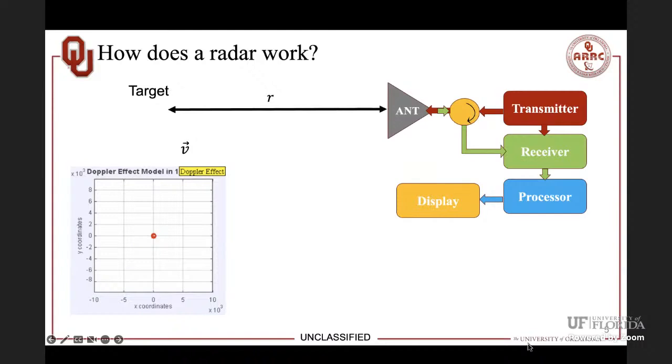Then it rotates around, like you saw this morning, and at the same time records the location the energy is going to and coming back from. So when you look at your data and say, here's an echo, here's an echo, you know the location. In order to determine location, you typically need a very narrow beam, and the antenna does that. You concentrate your energy to a particular location.